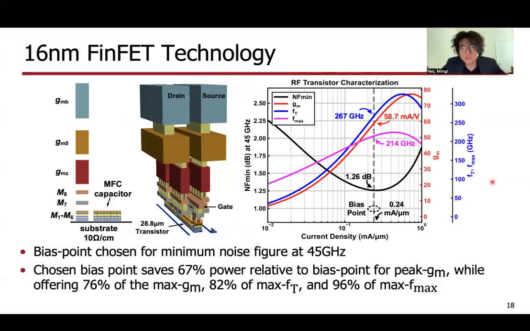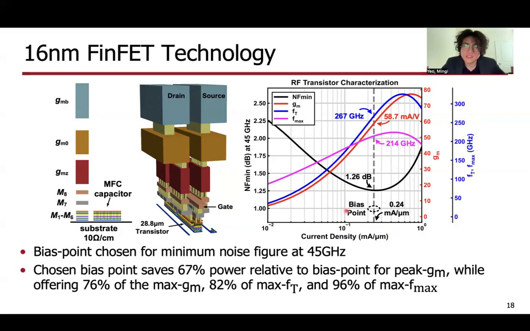The plot to the right characterizes the transistor we have in the middle here. We plotted minimum noise figure in black, transconductance GM in red, transition frequency FT in blue, and maximum oscillation frequency Fmax in magenta, against current density.